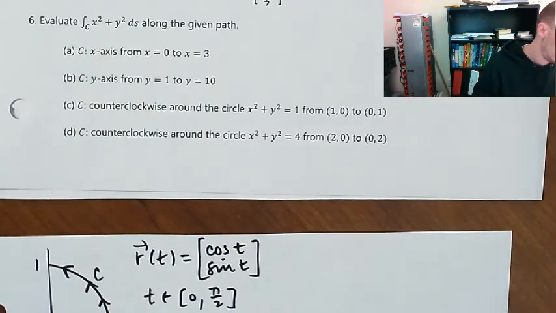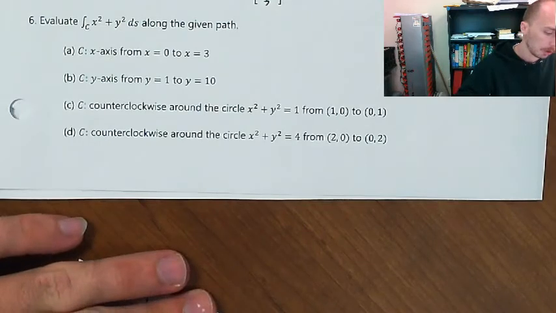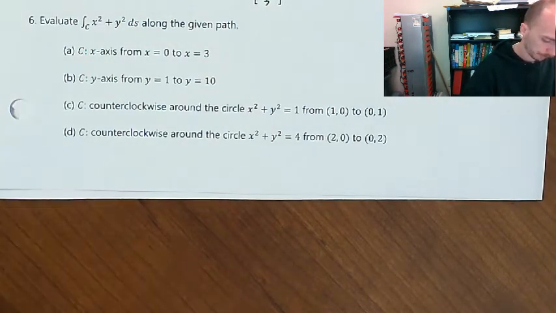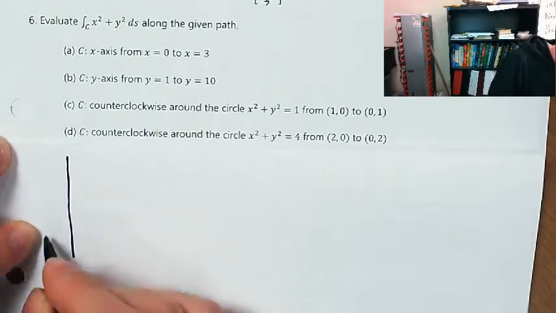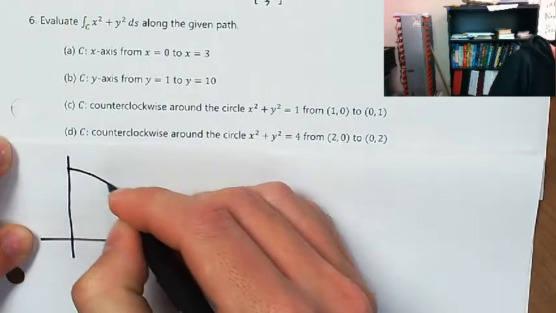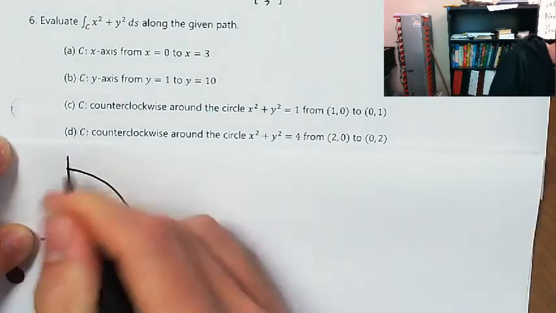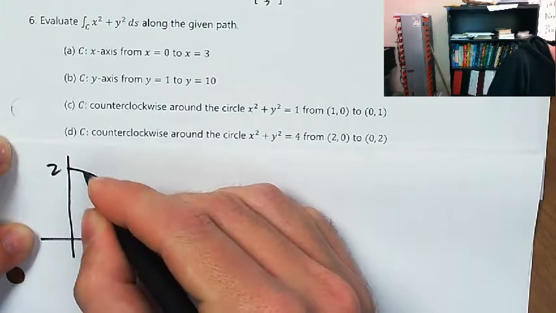All right, then 6d is counterclockwise around a circle with radius 2. Kind of the same idea, though. Okay, so I'm going to start by parametrizing the same exact thing from 2, 0 to 0, 2 along this circle.